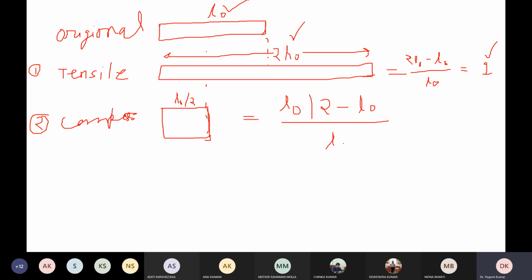When you subtract, it comes to minus L0/2 divided by L0. So what will be the strain value? This will be minus 1/2.